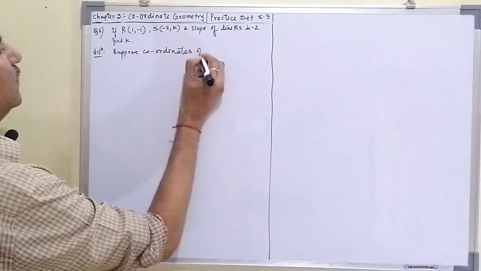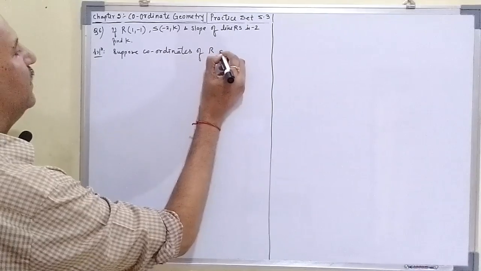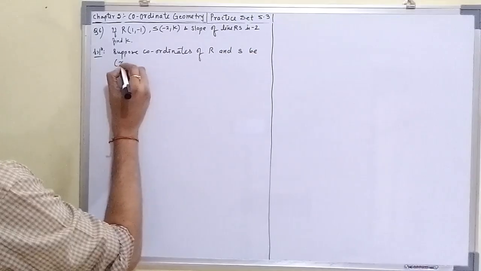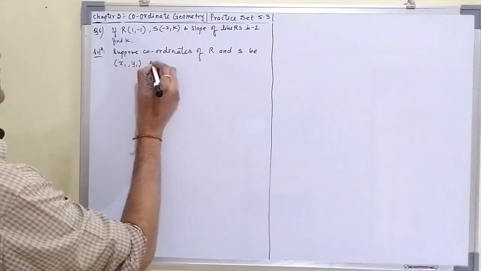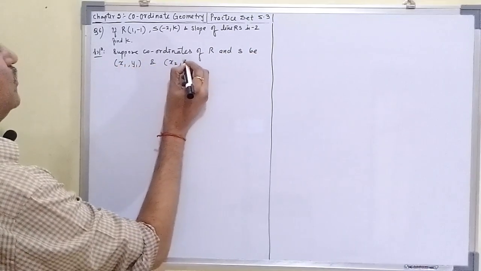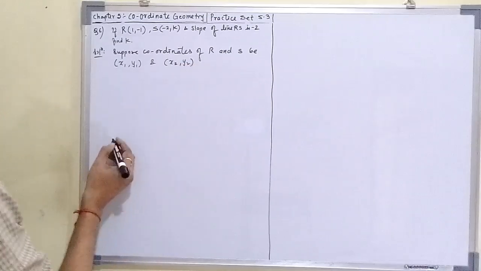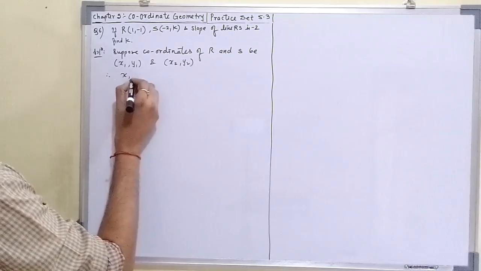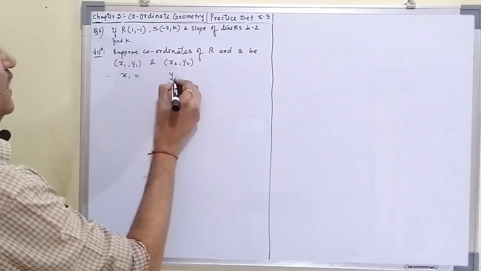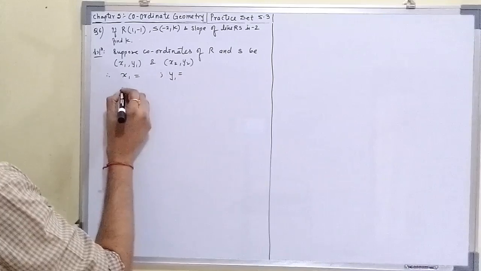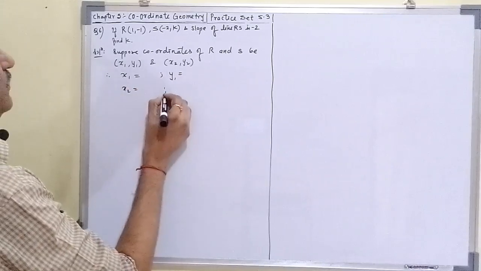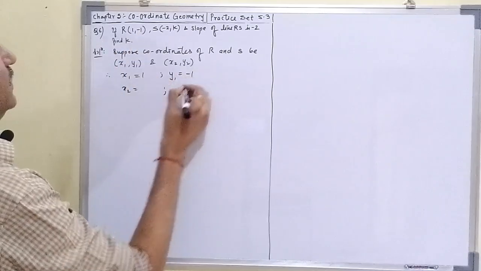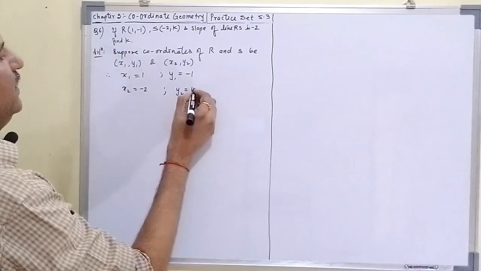co-ordinates of R and S be x1, y1 and x2, y2. Therefore, x1 क्या है, y1 क्या है, लिखो. x2 क्या है, y2 क्या है, लिख दो. x1 is 1, minus 2 and k.